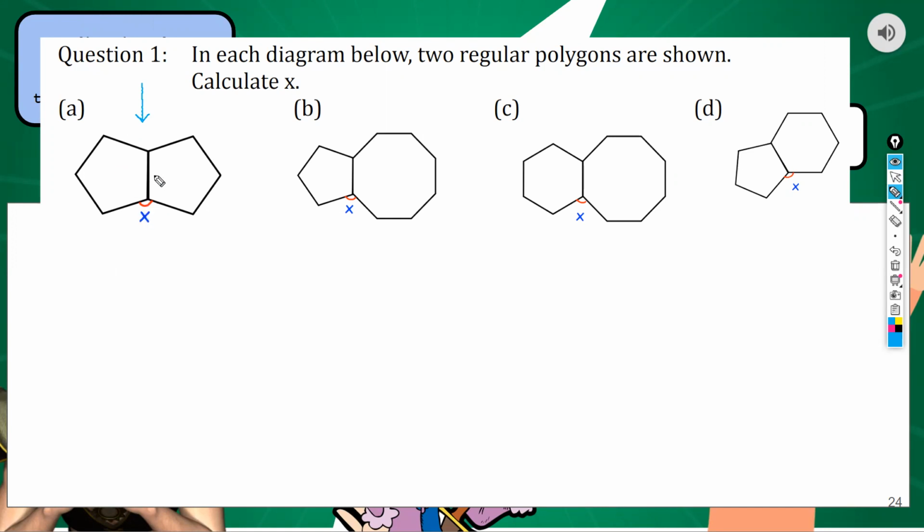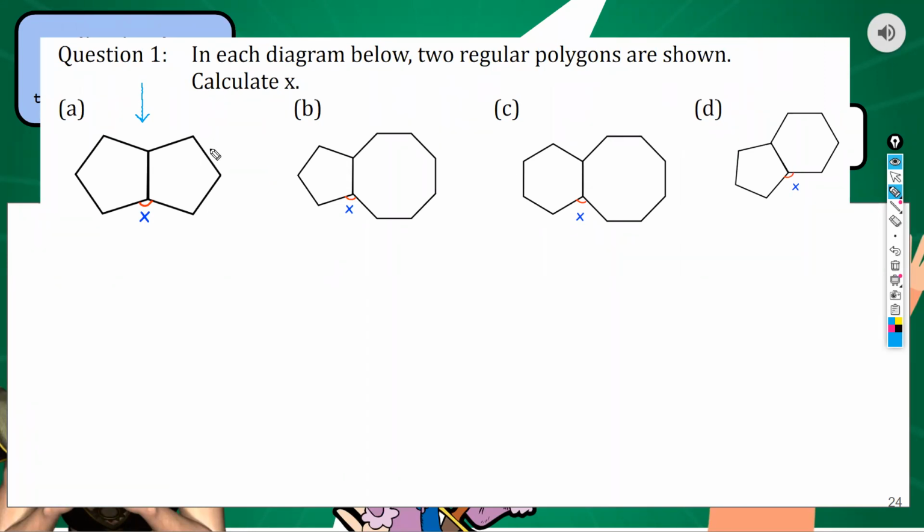Now, we have to assume in these questions, the examiner didn't tell you, but I am telling you. These are regular shapes, meaning all the sides have the same length. This here are 2 pentagons glued together, but they want you to find angle X, which is on the outside.